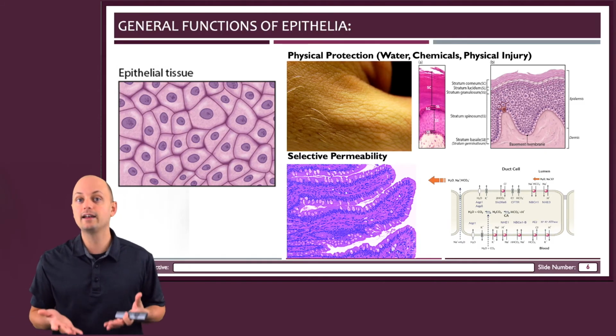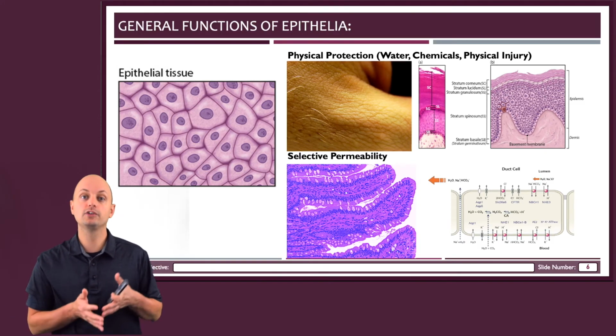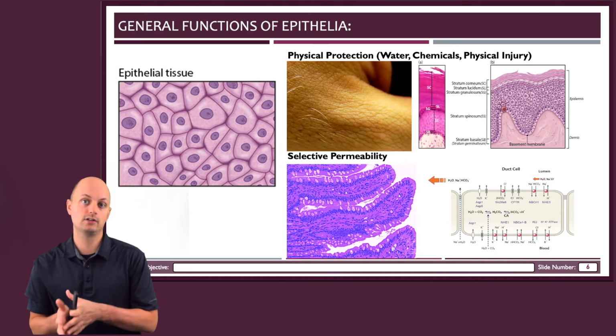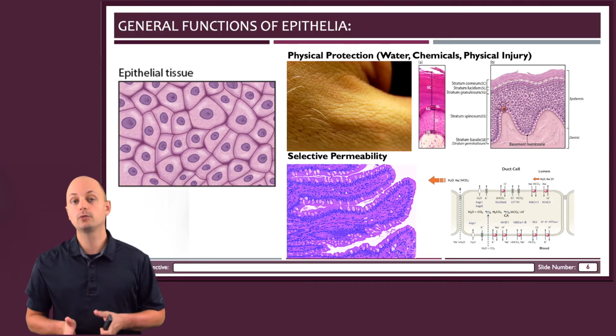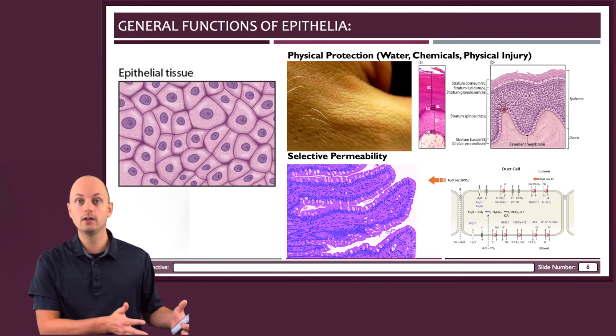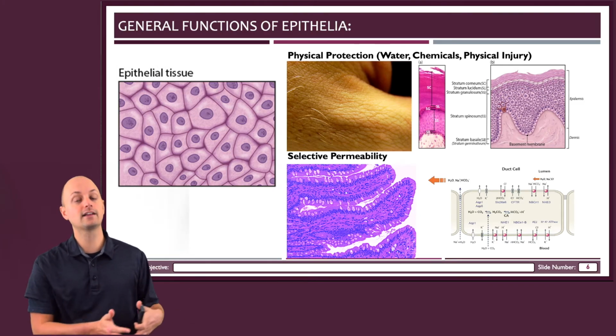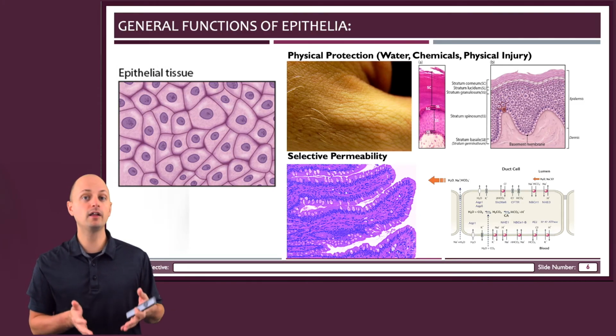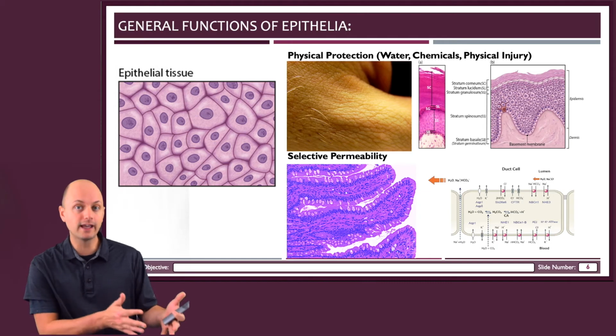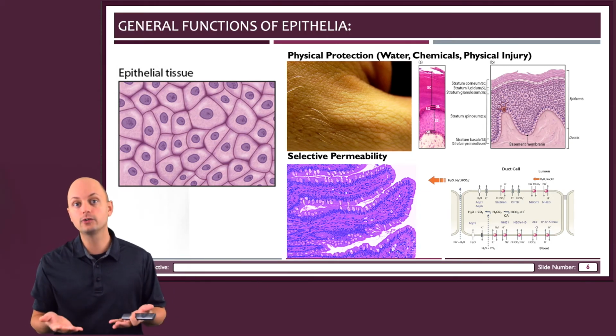The only thing I want to add now is that it's possible to move molecules in both directions across the plasma membrane. So when molecules leave the cell into the extracellular fluid, that's known as secretion. And when molecules enter the cell from the extracellular fluid, that's known as absorption.